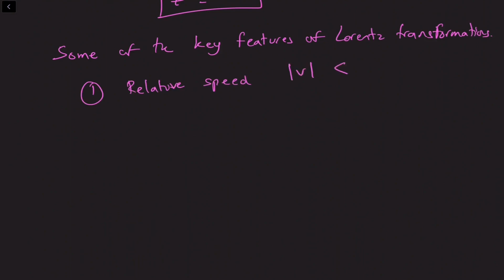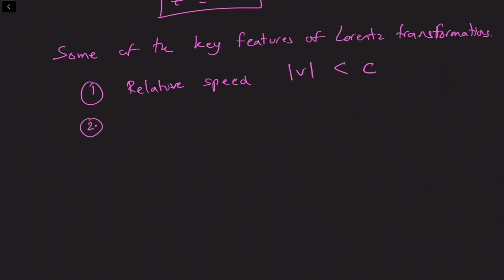I'm allowing it to be positive or negative, but the magnitude of it should be less than c. If you want a valid dictionary, which means two inertial frames S and S prime, the frame S prime as seen in the frame S can only be moving at a speed smaller than the speed of light. That's the only case where this dictionary is valid.